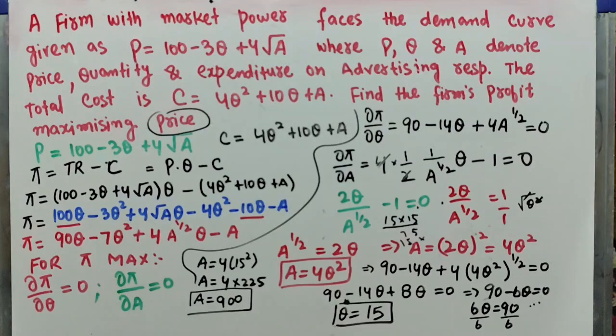Now what will be the profit maximizing price? Simply plug A and Q into the demand function.